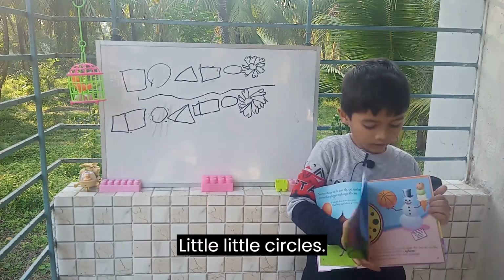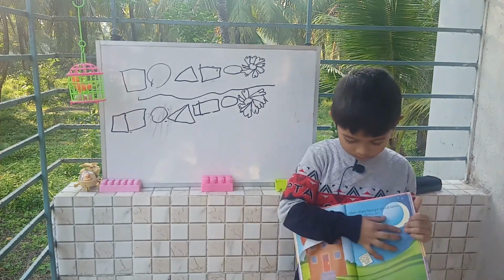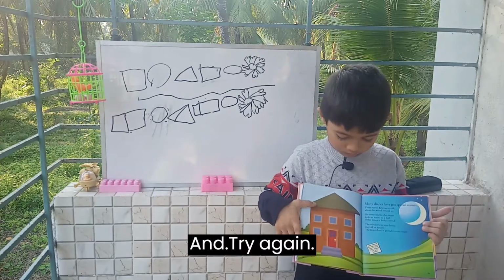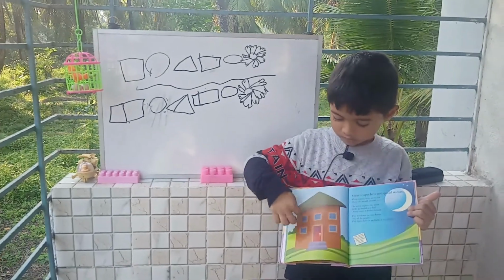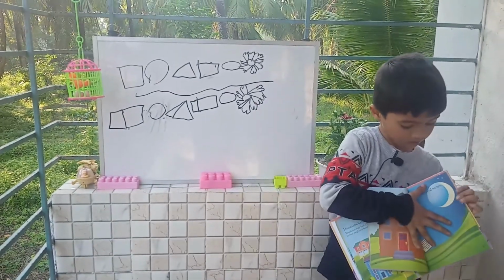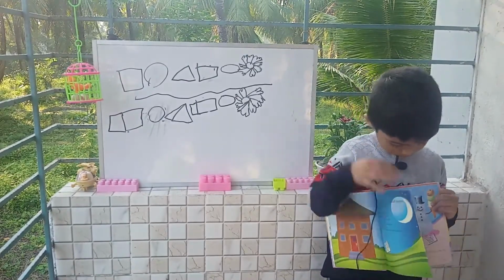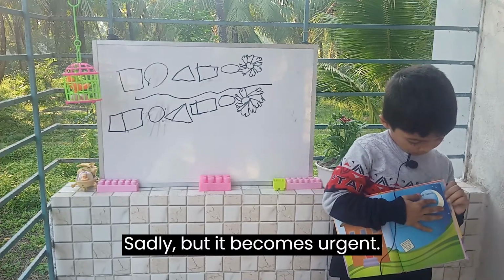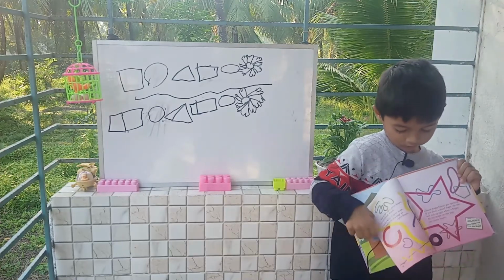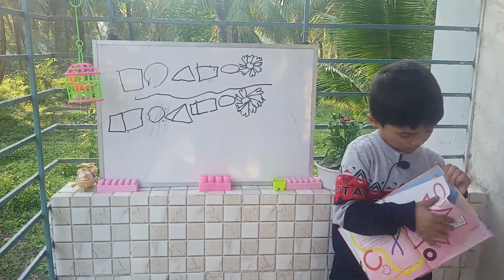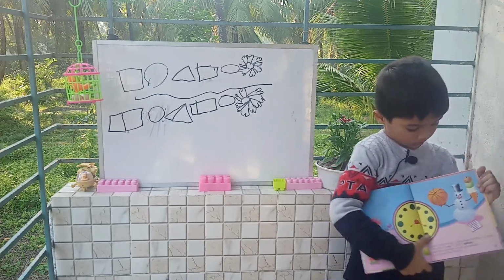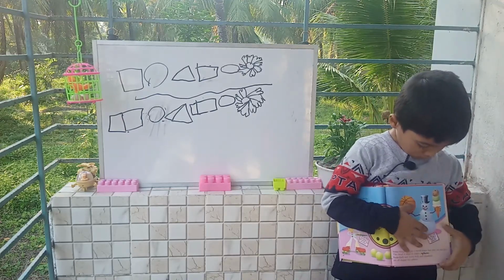Little circles and triangle, squares, and the night is dark. Circle, but it becomes circle. Star, shape, circle.